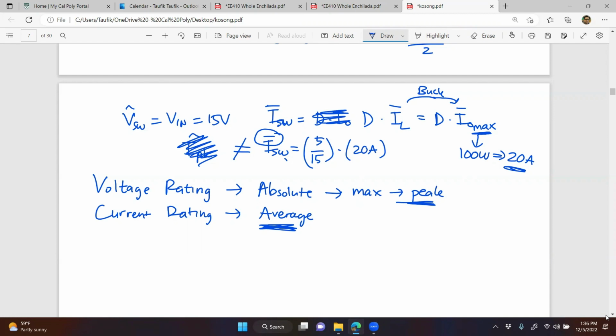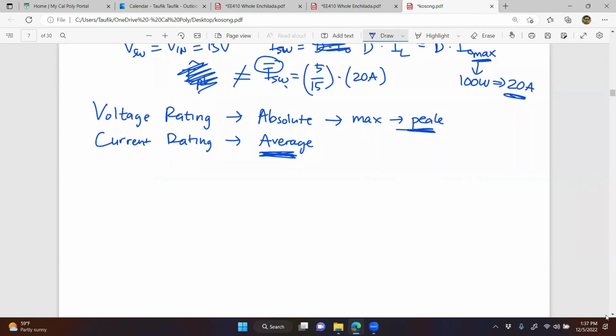So if you use peak, it won't make sense because let's say I have a switch right here, and current through the switch is this right here. Let's just say, okay? And then I have another current flowing through the same switch, and that same current gives me this current right here.